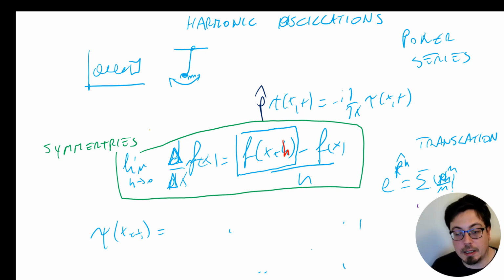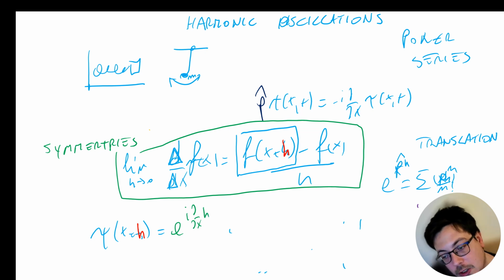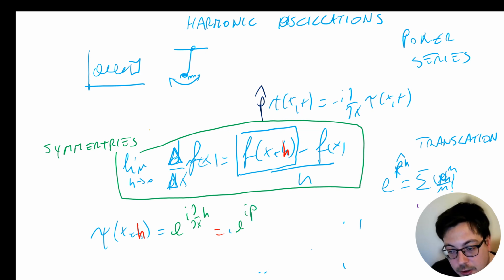So we can say that our translated function is related to an expression which is e to the derivative of x times h, which we call p, right? e to the i p h acting on the initial function.